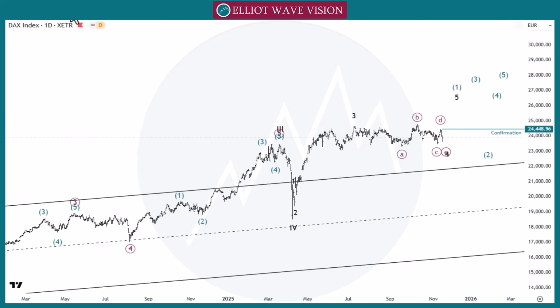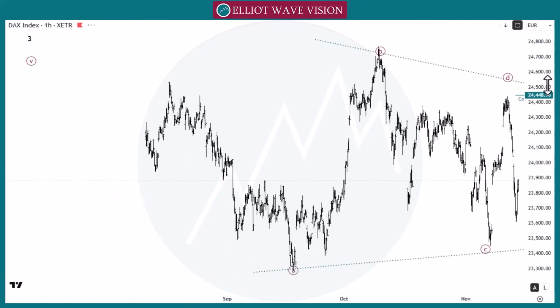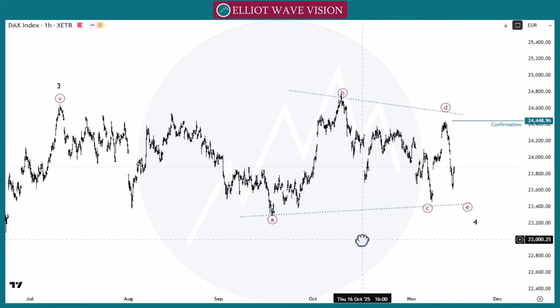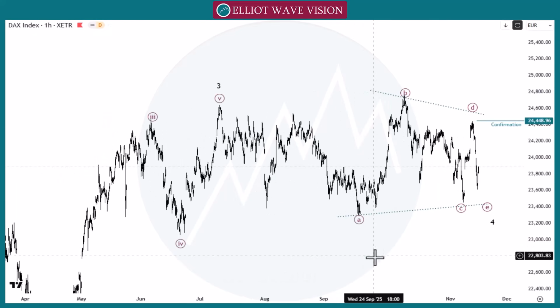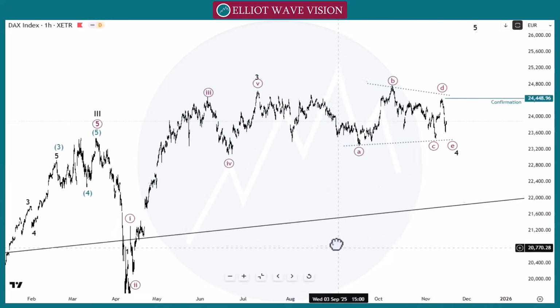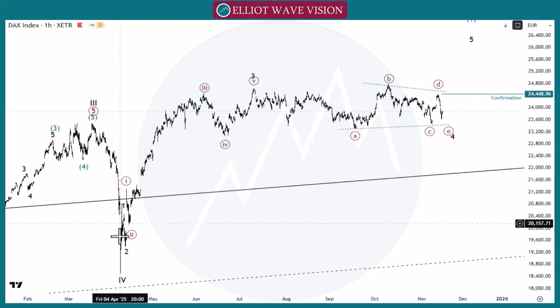So let's check in the 1 hour time frame this pattern, wave 3, 4 and wave 5. We count these moves starting from this brown wave, black wave 1, 2, 1, 2, 3, 4, 5.